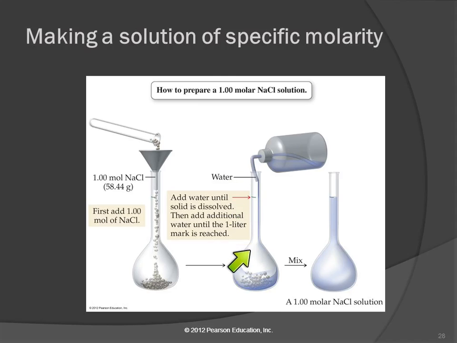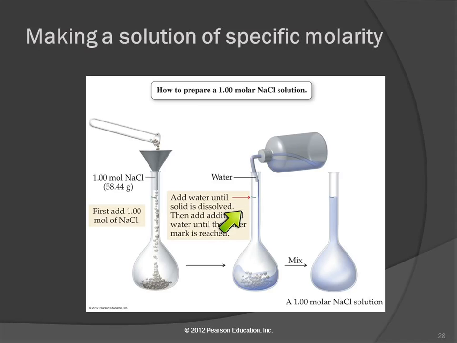This particular style of flask is called a volumetric flask. And it is more precise, much more precise than like a beaker. And it's a lot more convenient to use than, say, a graduated cylinder. You could make a solution in a graduated cylinder, but it's pretty hard to mix because it doesn't have a lid. And it's tall and skinny, and you can't just swirl it or something.